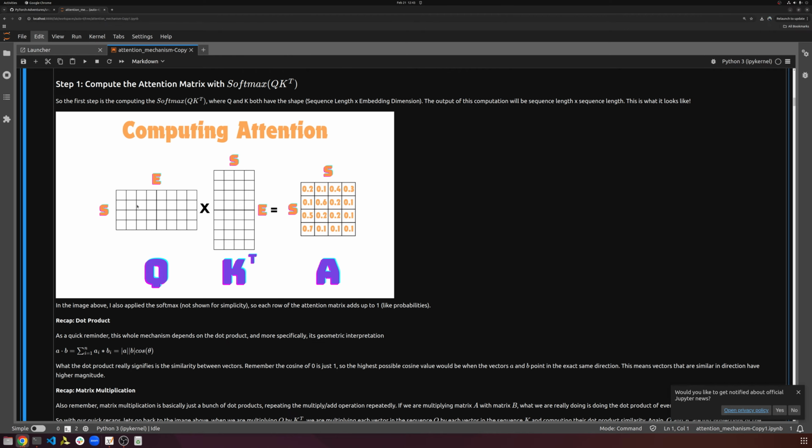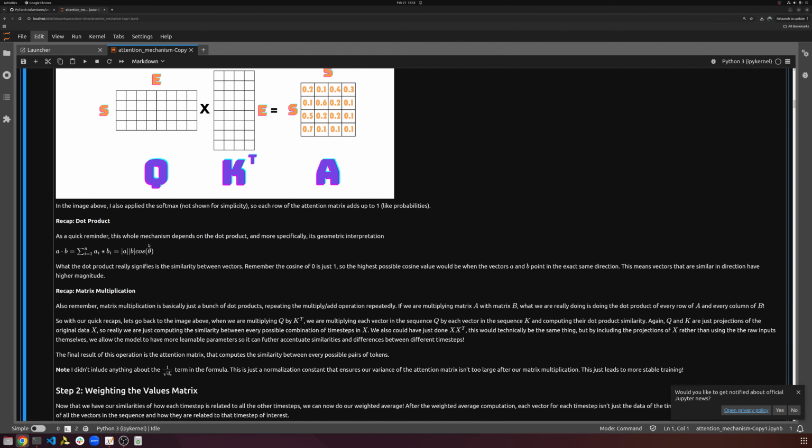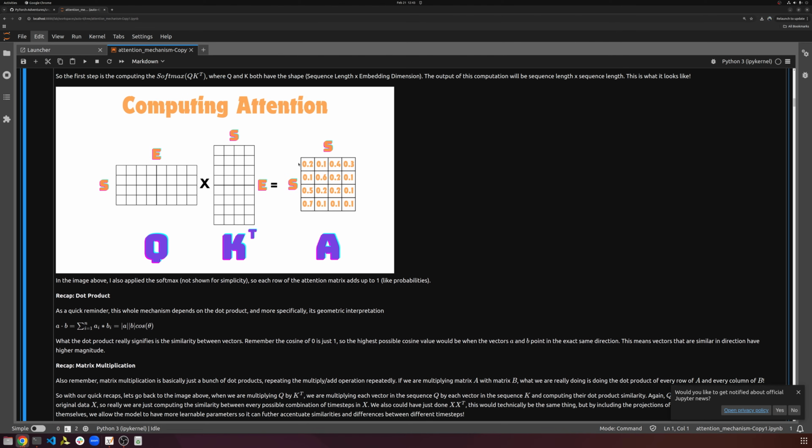If you know anything, dot product similarity also has a cosine representation, but they represent the similarity between vectors, right? When the dot product of two vectors is large, that means they're pointing in similar directions. And when the dot product of two vectors is negative, then they're pointing in opposite directions, and so forth. So there's some interpretation there, but we're just doing dot product.